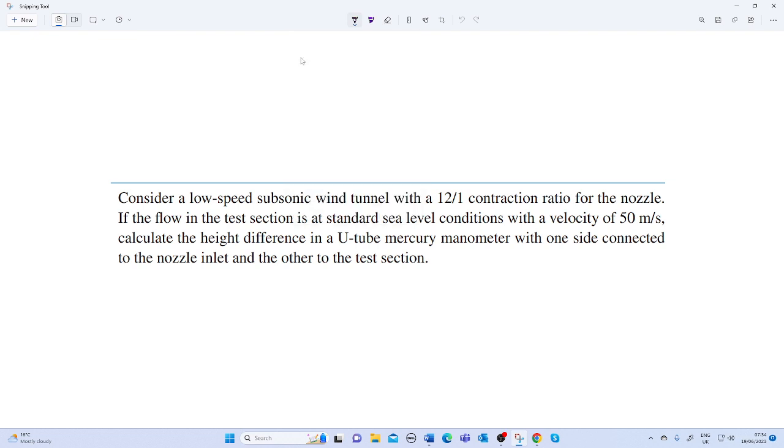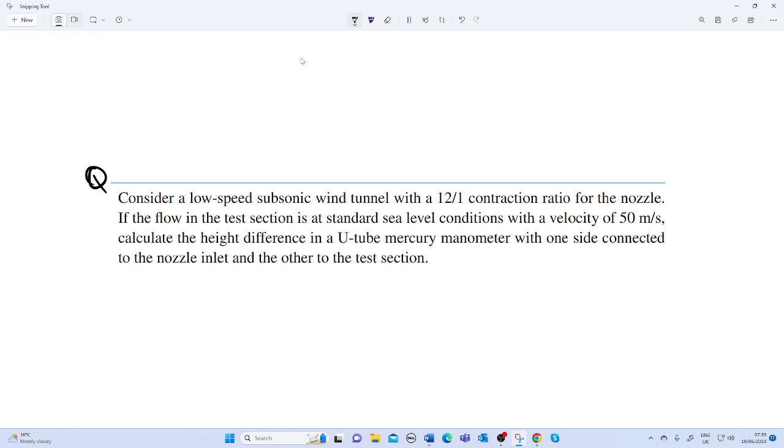Today we have another question from the aerodynamic point of view. Now let's read through the following question. Consider a low-speed subsonic wind tunnel with a 12:1 contraction ratio for the nozzle, if the flow in the test section is at standard sea level with a velocity of 50 meters per second.